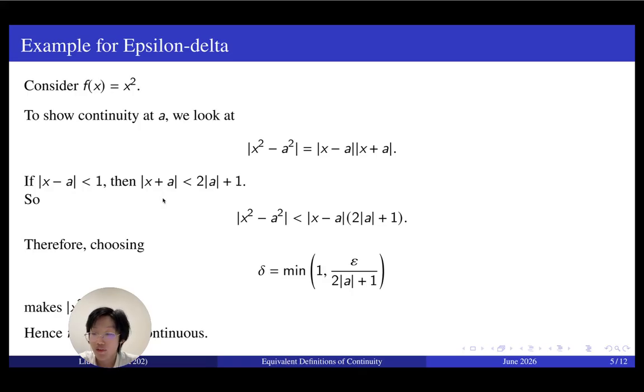If the absolute value of x minus a is less than 1, then the absolute value of x plus a is less than 2 times absolute a plus 1. So the whole expression is less than the absolute value of x minus a times 2 times absolute a plus 1. Therefore, if we choose delta to be the minimum of 1 and epsilon over 2 times absolute a plus 1, then the expression becomes less than epsilon. So f of x equals x squared is continuous at a.